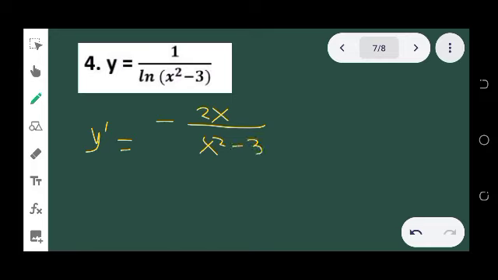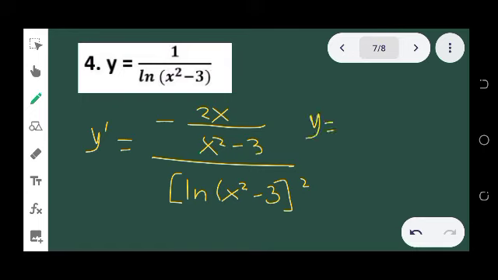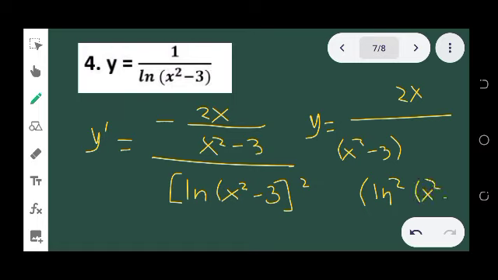That is the derivative of the function, now using the shortcut trick that we had, all over the function, which is ln of x squared minus 3, squared. You can do some algebraic methods to simplify this, but the final answer is 2x all over x squared minus 3 times ln squared of x squared minus 3. And that is now your final answer for the derivative of this one.